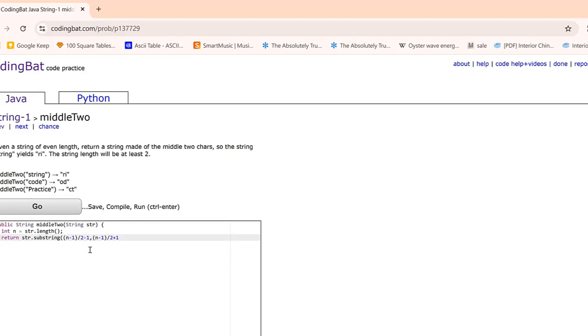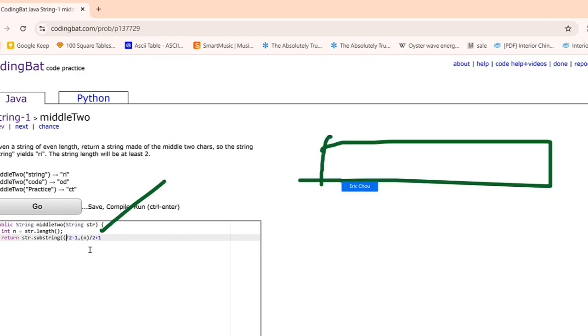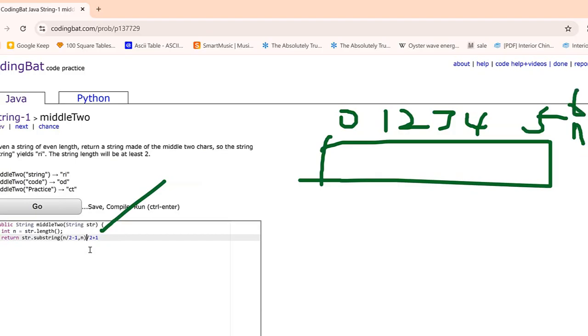So what here again, why are you using this so complicated indexing? You have an even number of letters, 0, 1, 2, 3, 4, 5. The total length n is 6. So you say that you want what?